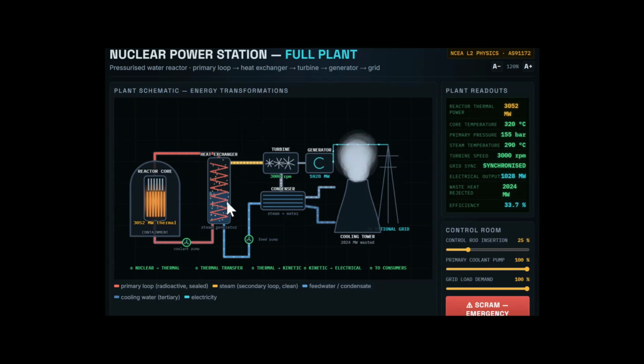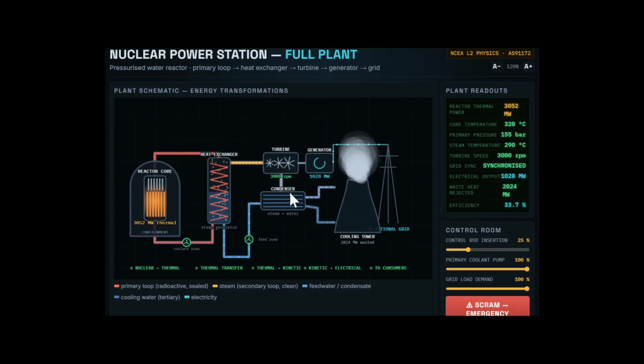Of course, steam wants to occupy more volume than liquid. So that water becomes vapor, becomes gaseous water, and is pushed through this pipe here through a turbine, which spins, turns a generator, and makes electricity.